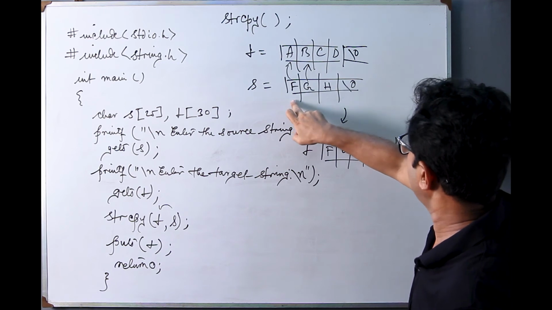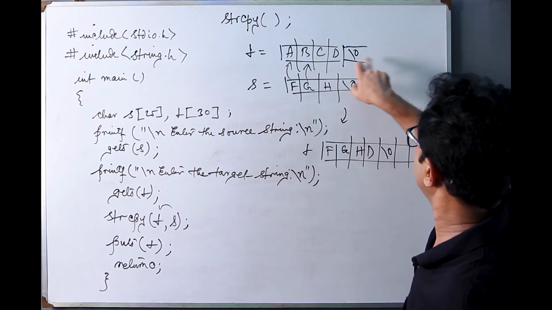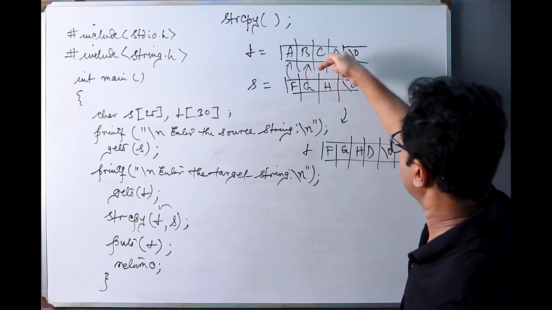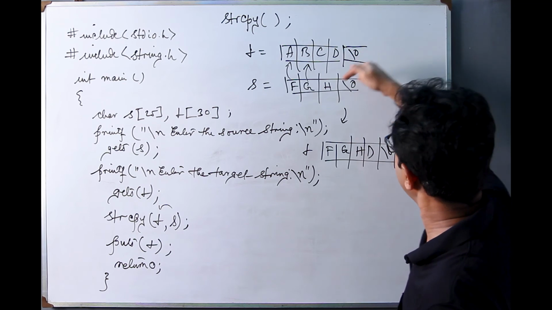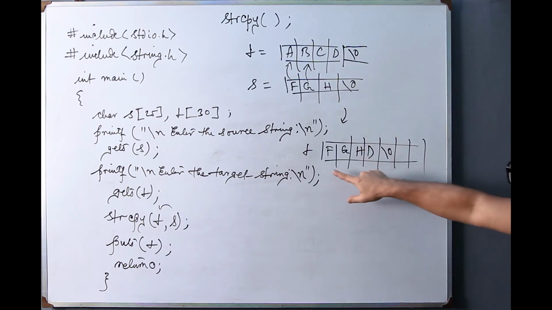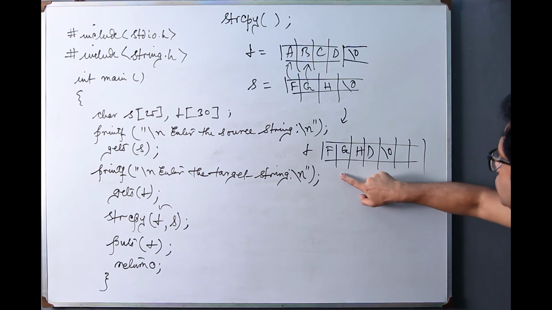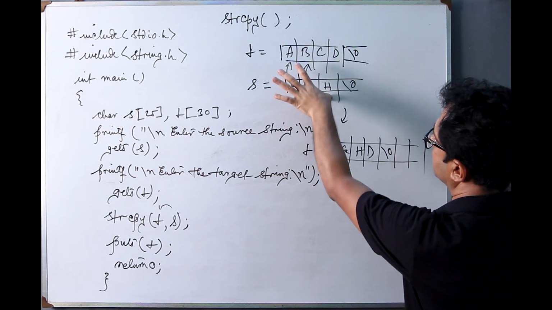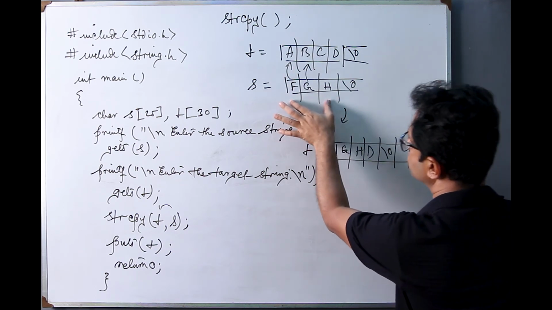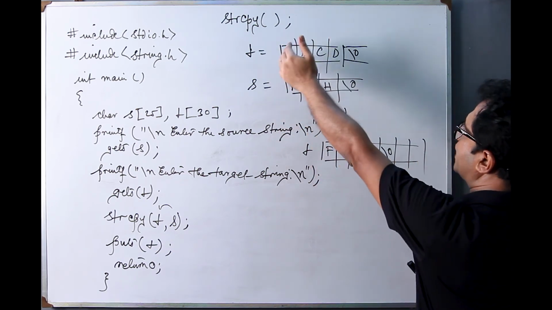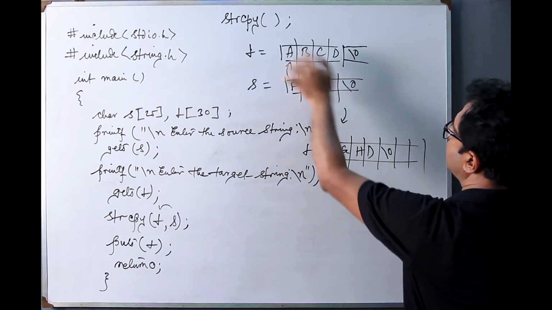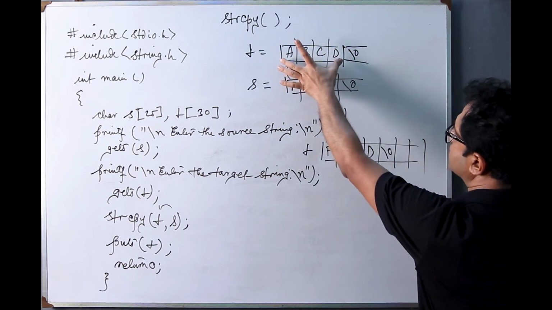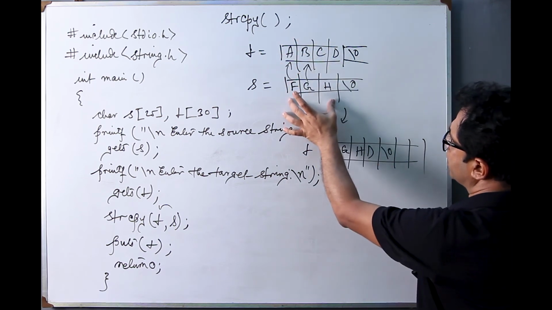In that case, if it were strcat, it would have been A, B, C, D, F, G, H. But in this program, A, B, C will be overwritten by F, G, H, because there are three characters here. Three characters override the first three characters of the target string, leaving behind D, because this string has not finished yet.